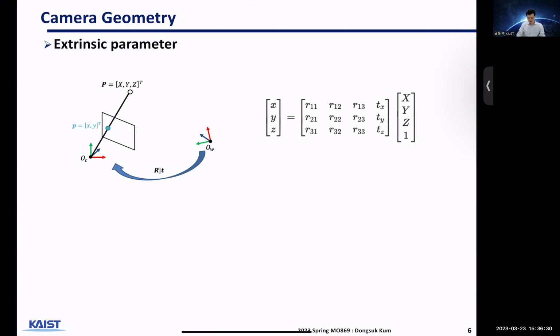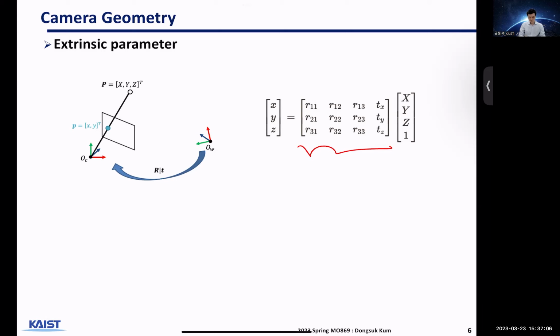The extrinsic parameter is the matrix that relates the position of the camera itself, for when you have a camera that is in motion from one place to another. When it comes to calibration, this will be necessary, and it'll play an important role.